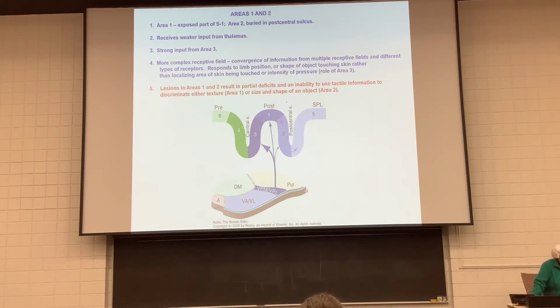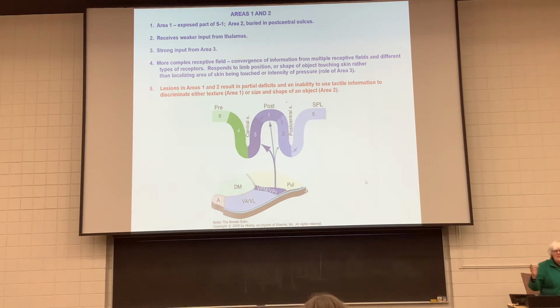Well, it turns out they do get a little bit of input from the thalamus, and the further back you go, the weaker the input. But it's fine if I know something is just touching the tip of my finger. If I'm touching something, is it only the tip of my finger that I want to know about? I want to know something about the next joint. I might want to know something about where my thumb is.